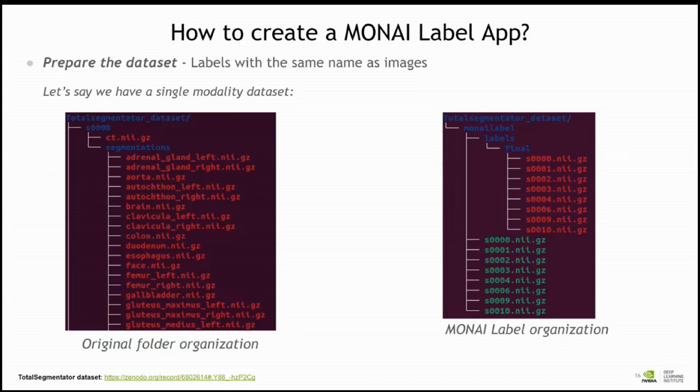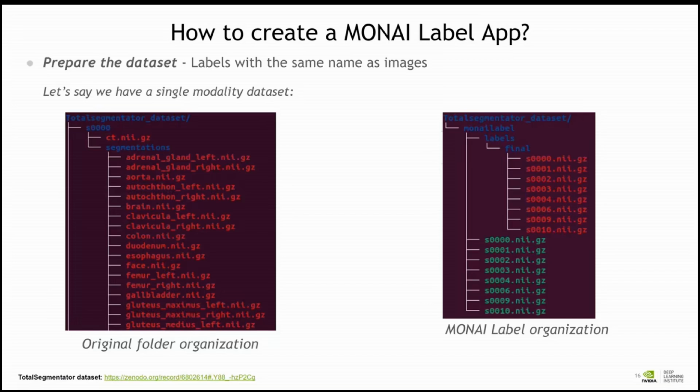So on the left, you see the structure that you have when you download the TotalSegmentator dataset. So you see there is a folder, maybe it's not very visible, but it's a folder that contains the CT volume, and then a subfolder that contains the segmentations. In the segmentation folder, you have 100+ files, which each file basically is the region that you want to segment.